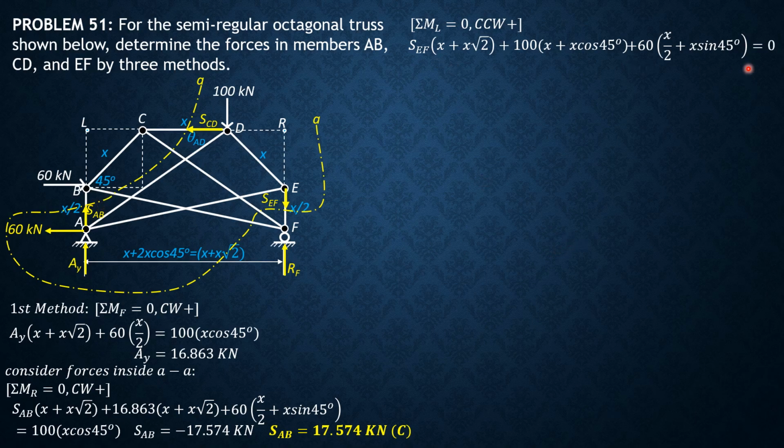Cancel out X again, treat X as 1, then we can solve SEF equal to negative 100.71 kilonewtons. So the force in EF is 100.71 kilonewtons compression.